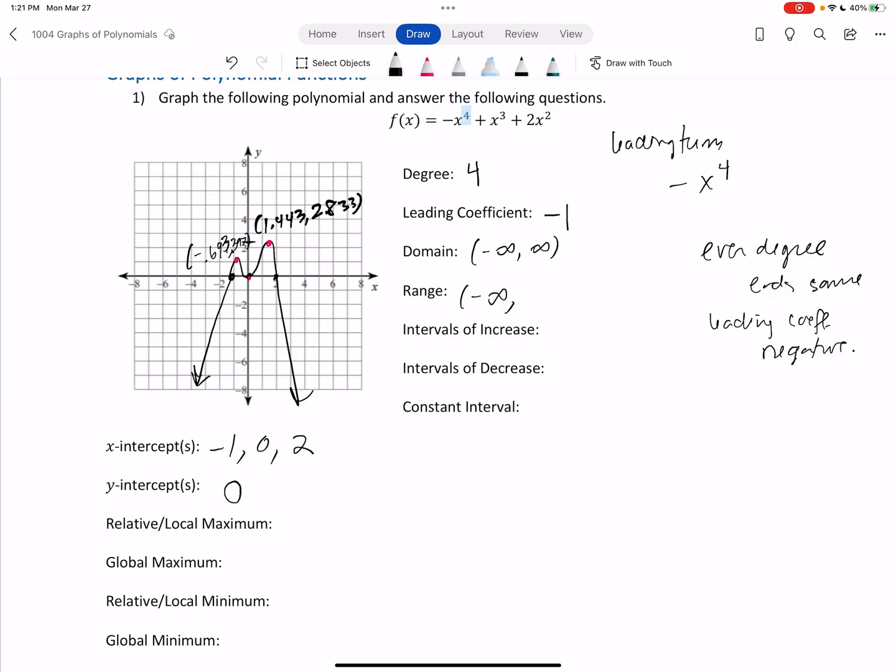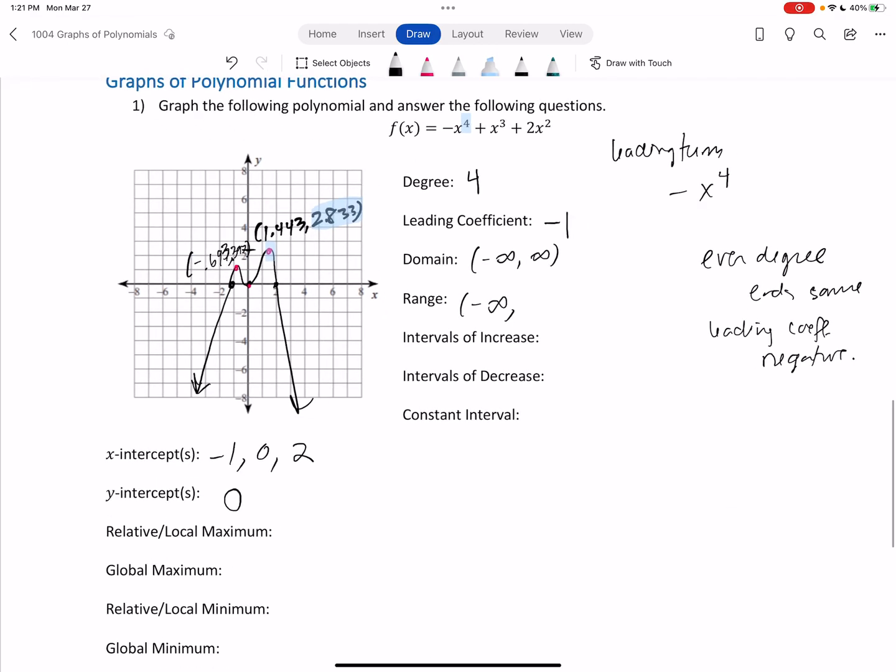My x-intercepts were at -1, 0, and 2. My y-intercept was at 0. The range: the topmost y value that I reach is at that point right there, so from -infinity to 2.833. It includes that point, so we put a bracket there. This graph is increasing, then decreasing, then increasing, then decreasing.